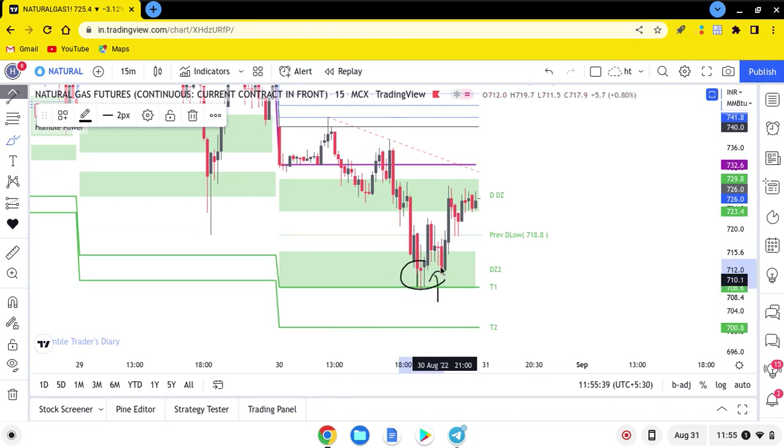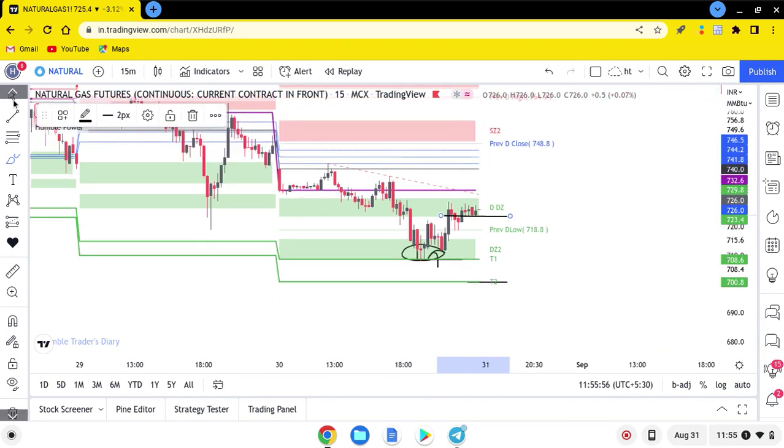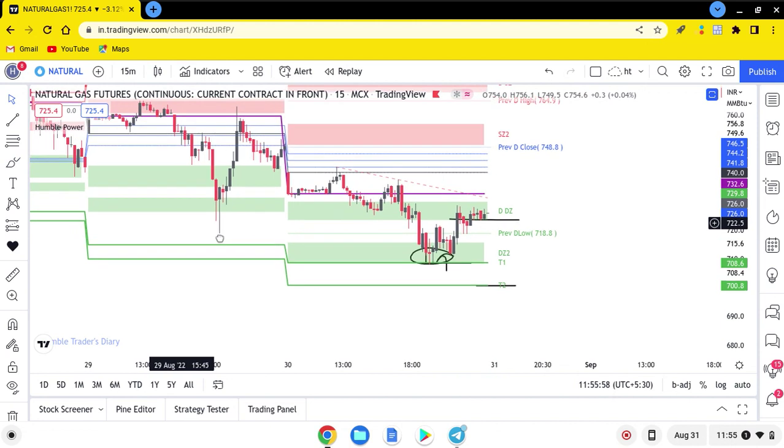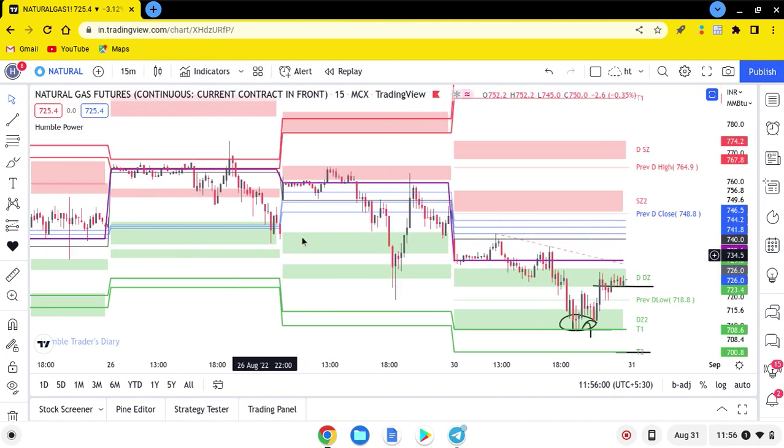That's why the wicks are created multiple times. So the buyers are trying to fight it. In this kind of scenario, I like to buy with the stop loss below this, it depends, and your immediate target will be this. It's a very simple concept, honestly. When you get ample practice, you will get the best returns.